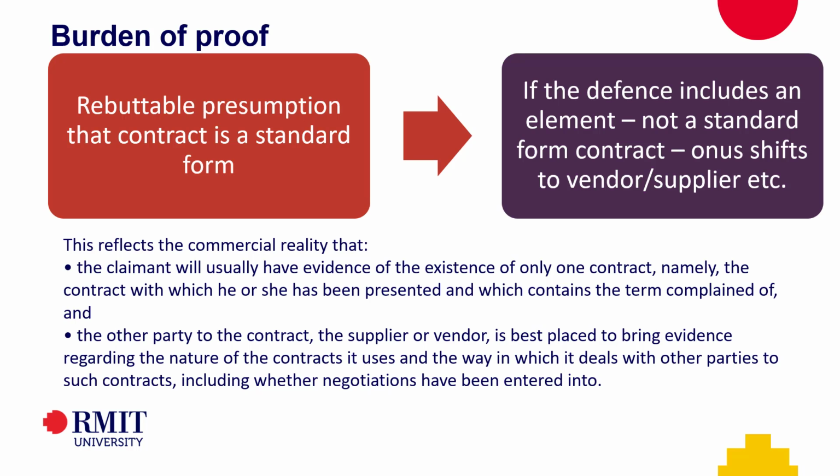So if you want to argue that it's not a standard form contract, then the company will argue that. There will be a rebuttable presumption that a term is unfair. Once you get to that point, the company will need to bring evidence as to why it is reasonably necessary.